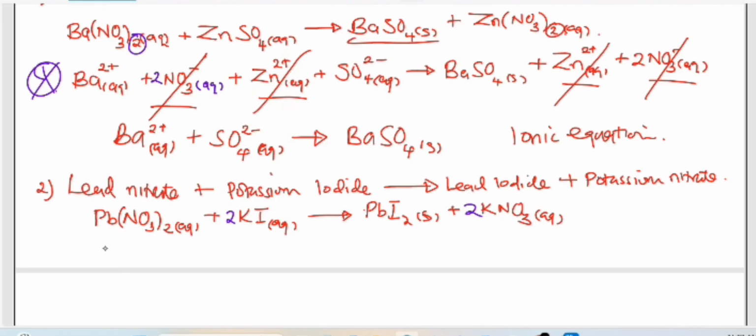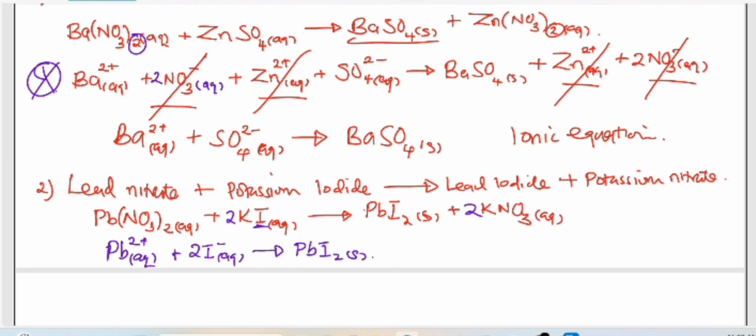So we can say Pb2 positive plus the 2I negative, here still in aqueous, then you can get the lead iodide directly.